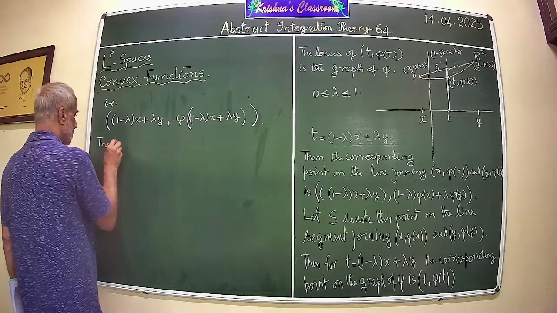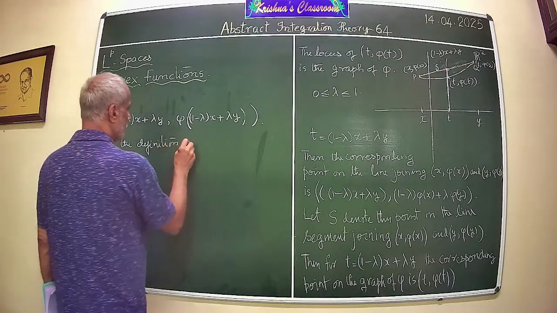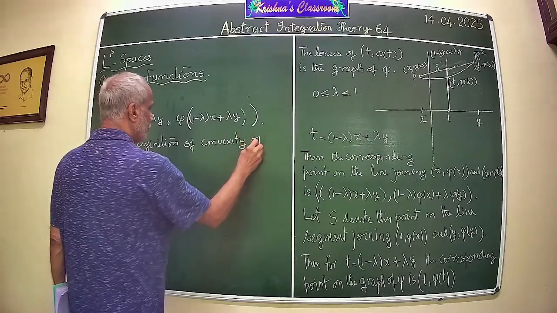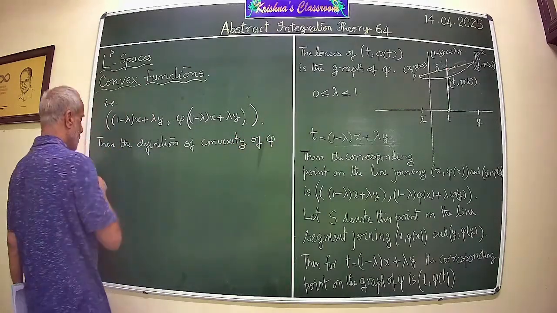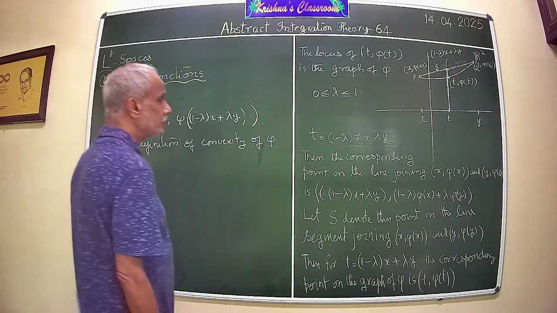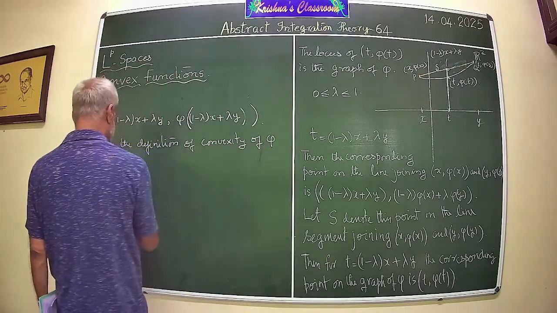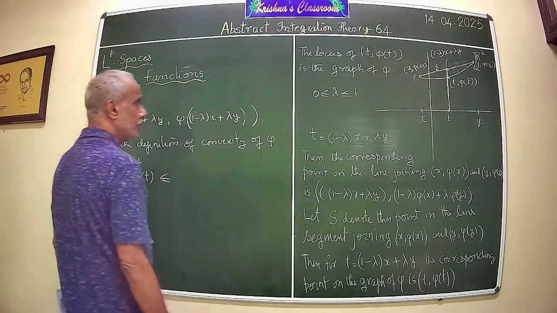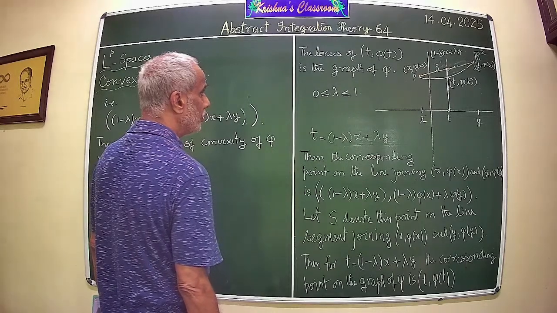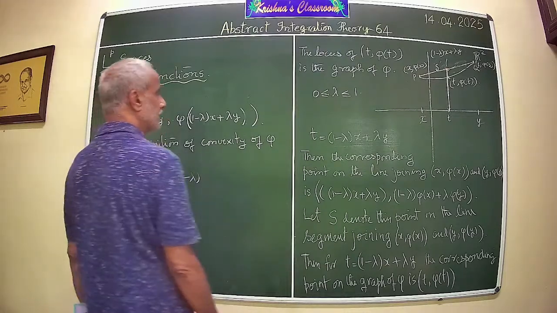then the definition of convexity requires phi t to be less than or equal to 1 minus lambda phi x plus lambda phi y.